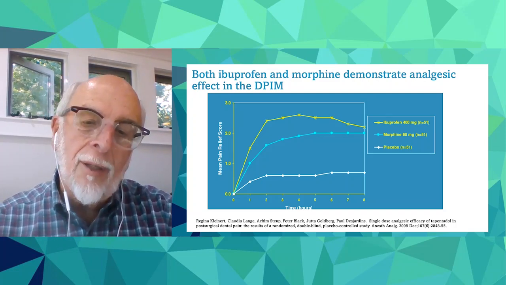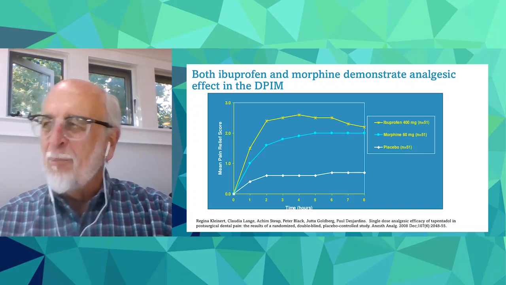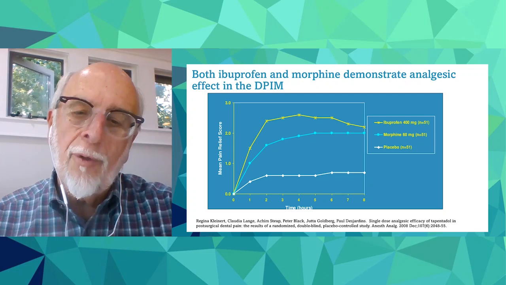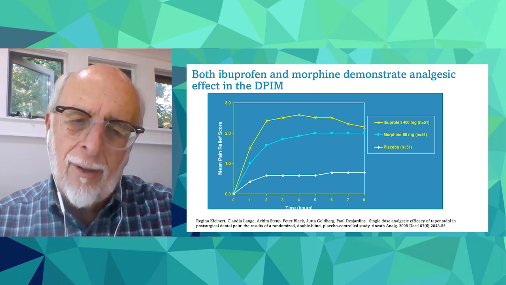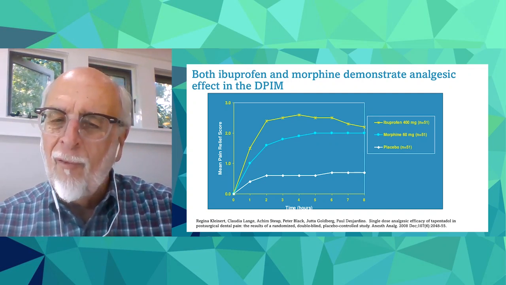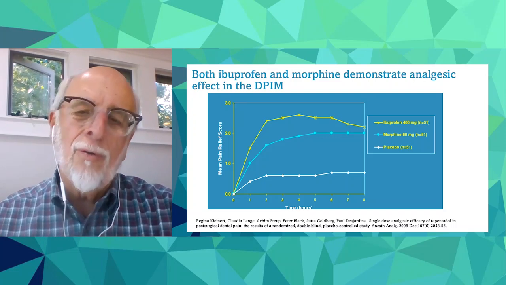And then surprisingly, we used 60 milligrams of morphine by mouth. That's probably the equivalent to 8 milligrams injected subcutaneously or intravenously. You'd see a bigger spike. And here was the ibuprofen. All of a sudden, ibuprofen 400 milligrams performing even better than a fairly standard dose of morphine.